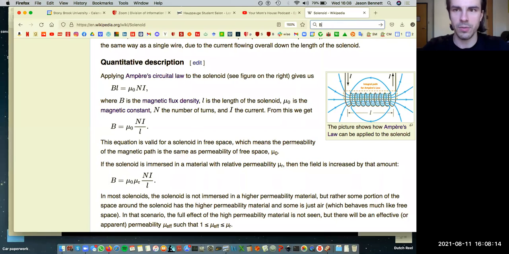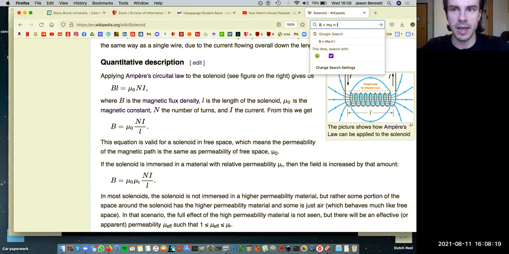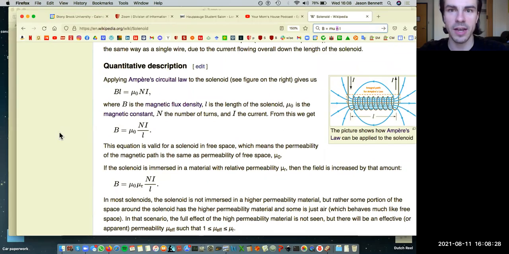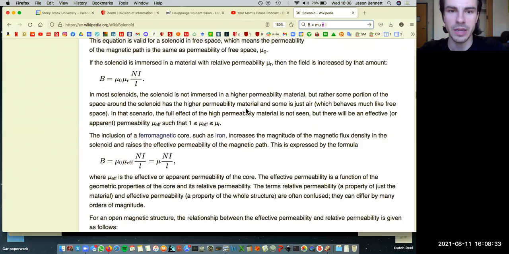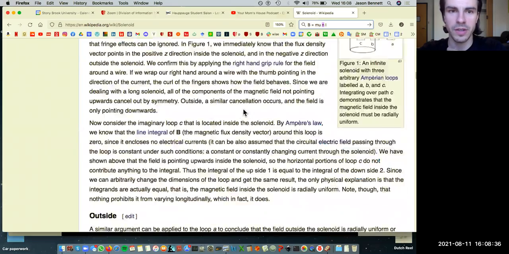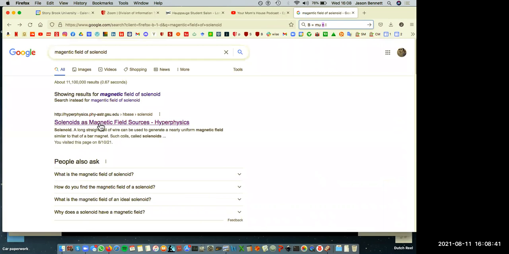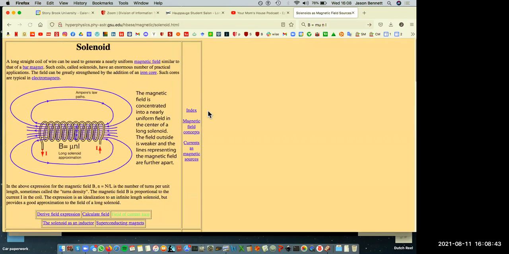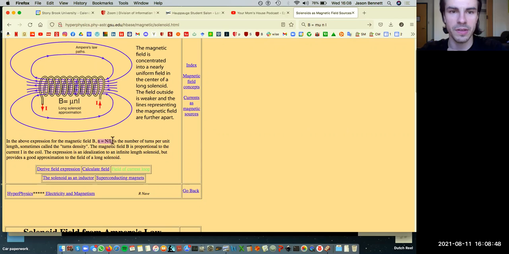So the equation I had was B equals mu little n I. I knew that off the top of my head as the equation for a solenoid, where I thought little n was the number of loops, but it's not. Oh, it's actually the number of loops per length. Right, so I was thinking it was this thing.